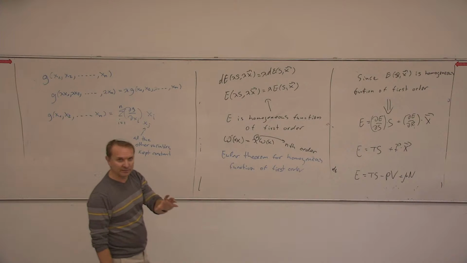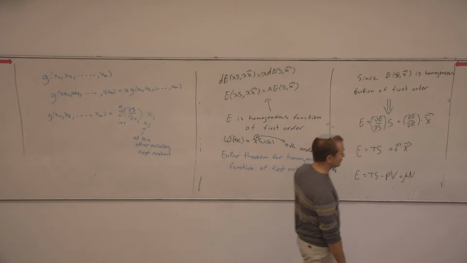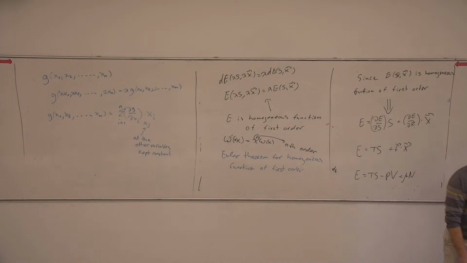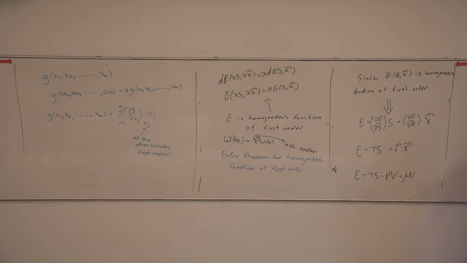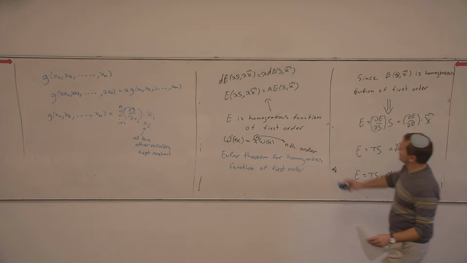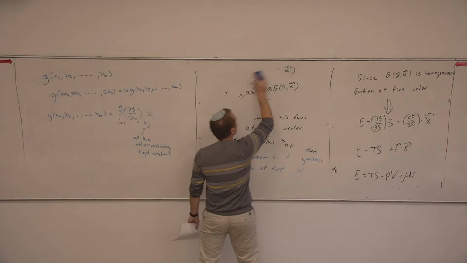Energy is extensive. If it's not extensive, most of the stuff that we talked about is not applicable. We have to modify it somehow. The moment it's extensive, multiple options open in front of us. This is one of them. Now, why do I need this? I need this in order to develop something that is called the Gibbs-Duhem equation.